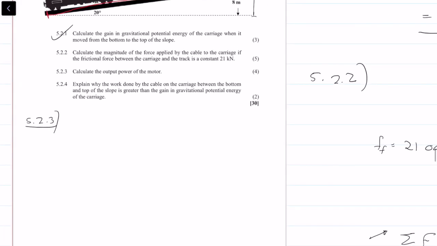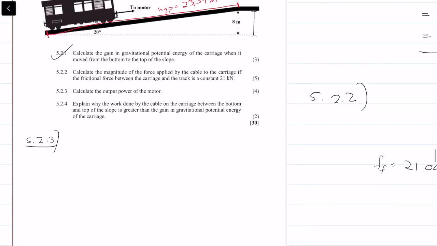Calculate the output power of the engine of the motor. So what is our formula for power? Power is equal to a force times a velocity. And what force is that? That is not the net force, but rather the applied force. We already calculated our applied force as being equal to 91,387.75.